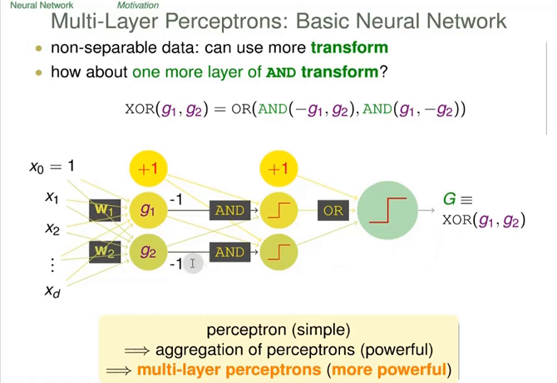As compared to the simple perceptron, we call it a multi-layer perceptron. The additional layers that appear here between input and output are called hidden layers. And each circle, each output of a hypothesis, is called a node. Also, some literature calls it a neuron. Okay, so these are the nodes.